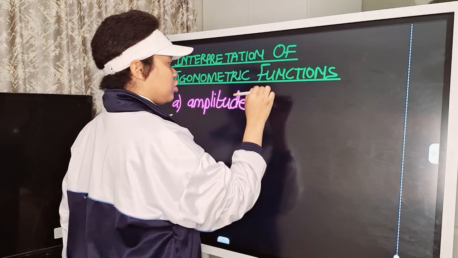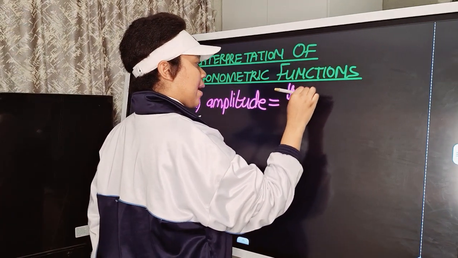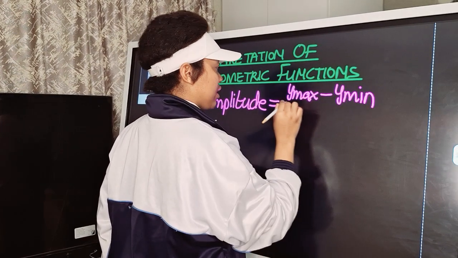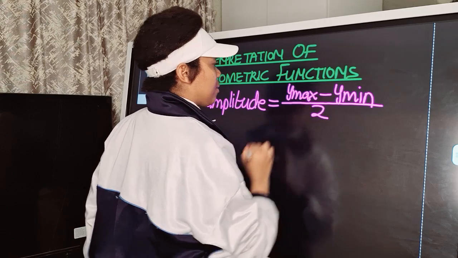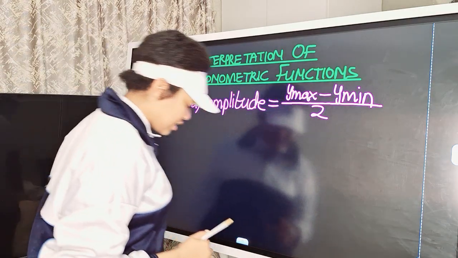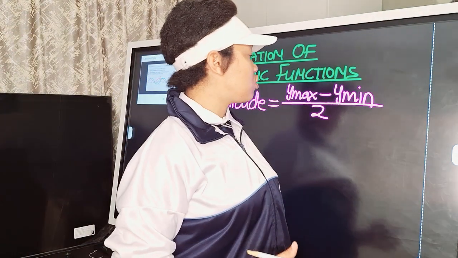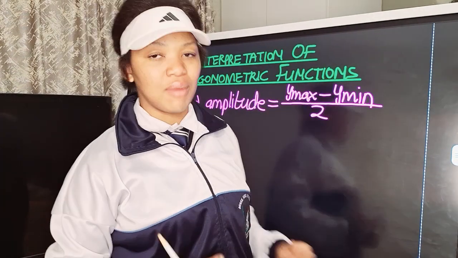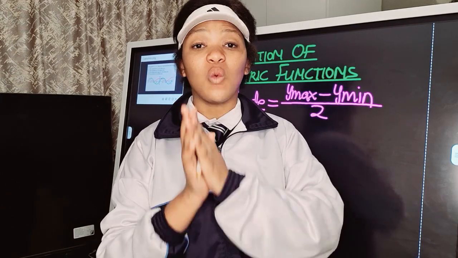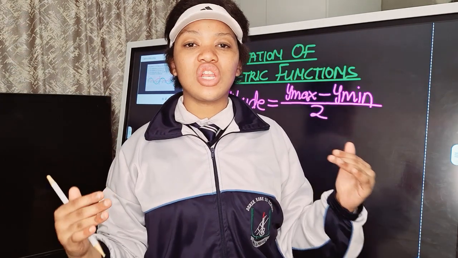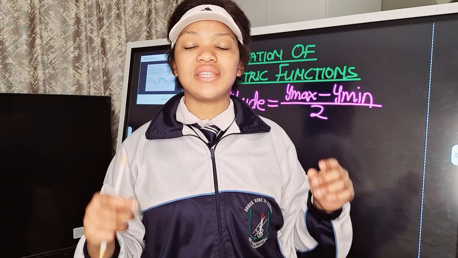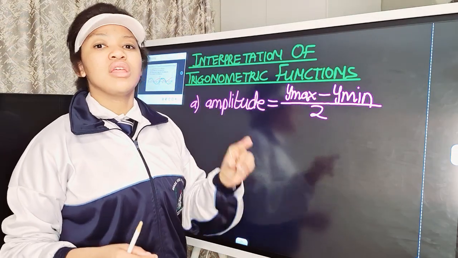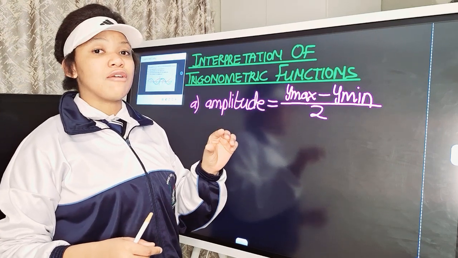Amplitude is equal to y max minus y minimum, divided by 2. Y max and y minimum tell us we take the values from the y-axis, so we take the maximum and minimum points from the y-axis for each graph.